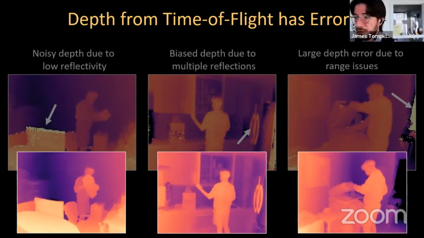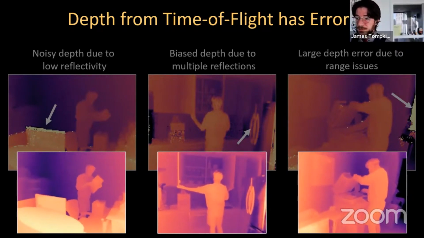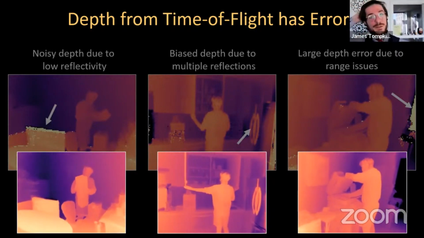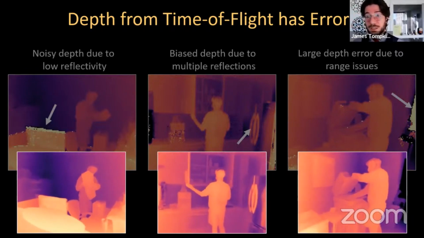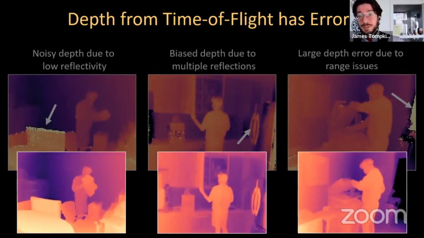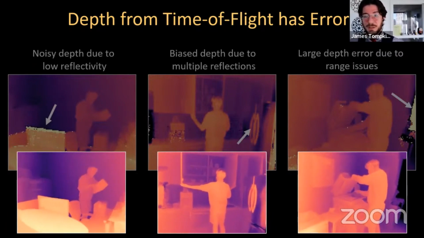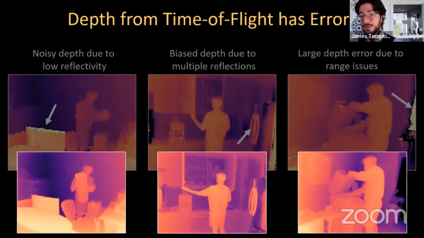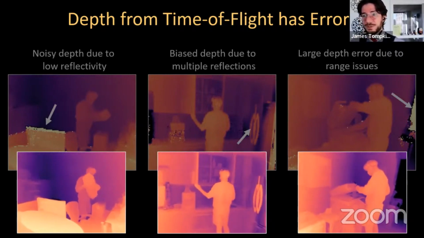In the middle, on the fridge, we now see that this region is much, much less noisy. And actually what we've managed to recover is the total path length of the light as it bounced around the scene before it came to the camera. This is because I'm modeling how the light moves through the volume itself. And this allows me to cope with these multi-path reflectance effects much better than having to decide where the depth is at one fixed particular point, which is what the original depth camera does.